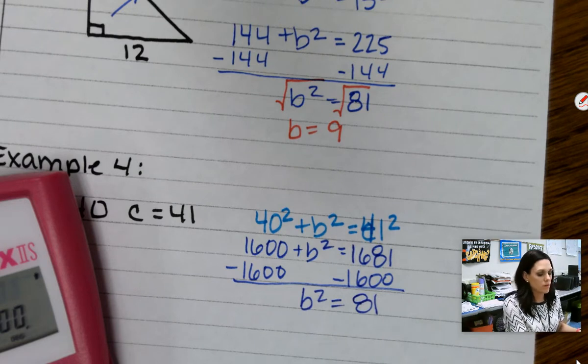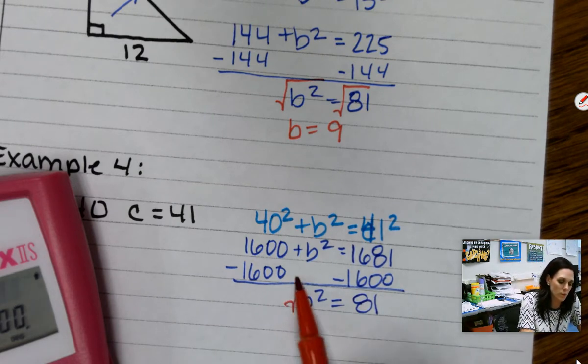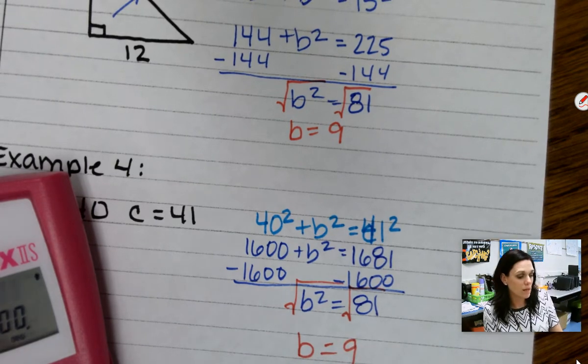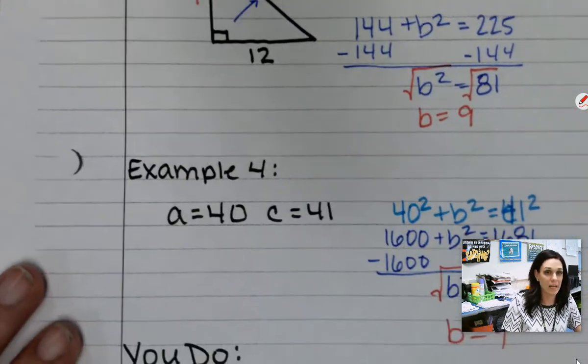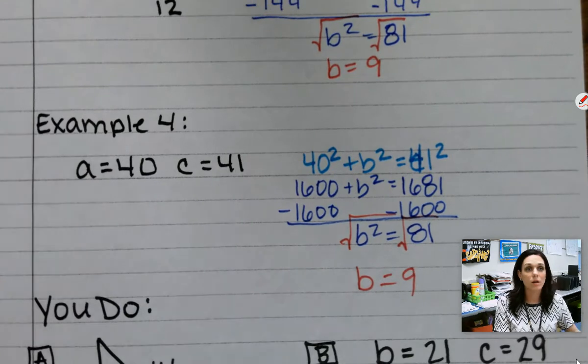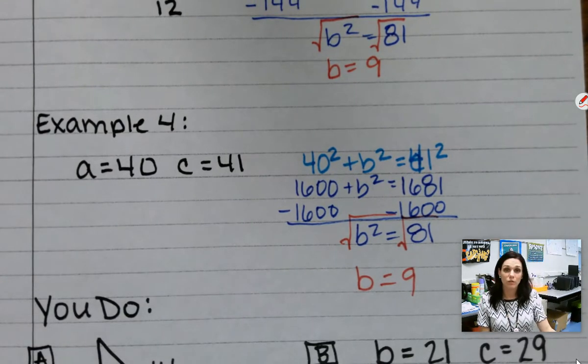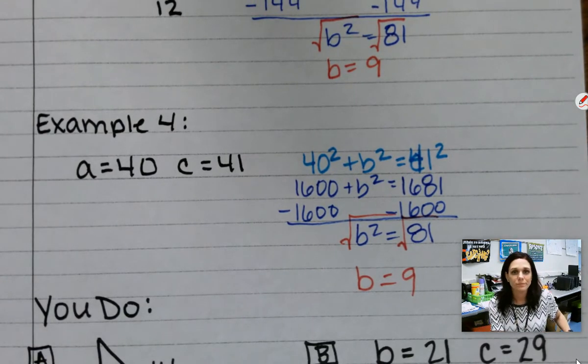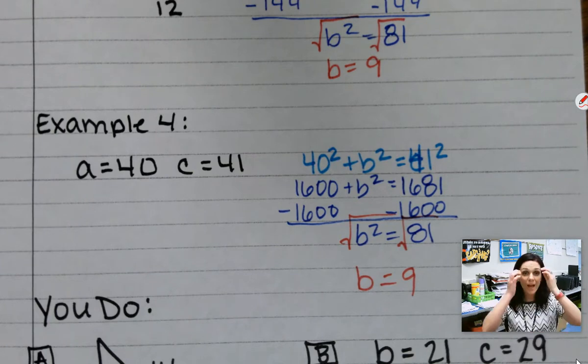And just like the previous example, I then take the square root of that answer. So B, once again, has to be 9. So in order for me to be a right triangle, I have to be 9, 40, 41. All right, so I have 2 for you to try on your own.